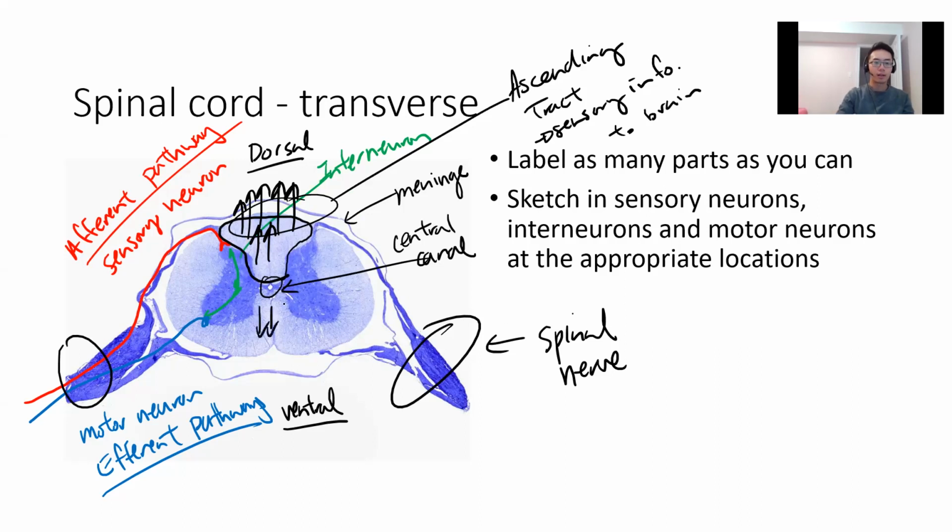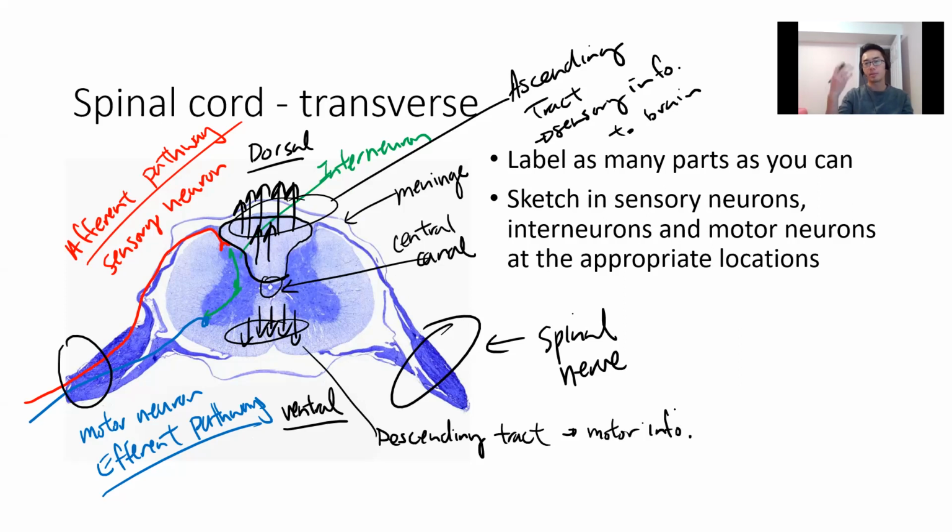And then at the front, you would have all the descending tracts, which will be taking motor information, meaning moving body parts, from the brain.